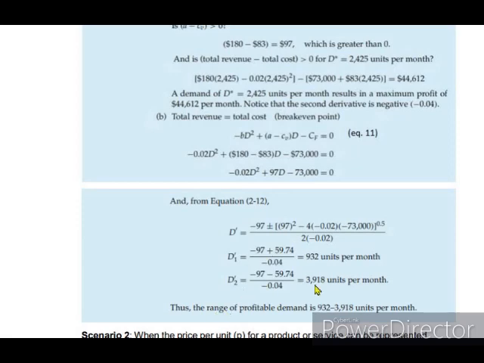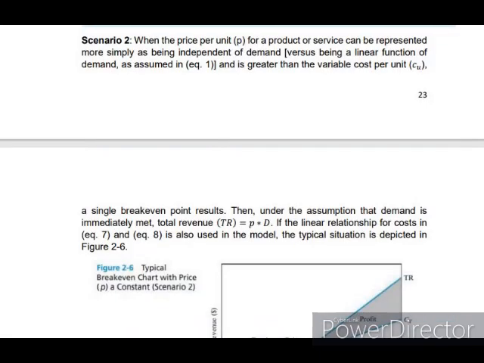So for this D sub 1, if it is positive, you have 932 units per month. And for D sub 2, you have 3,918 units per month if it is minus. Thus, the range of profitable demand for this problem is 932 to 3,918 units per month.